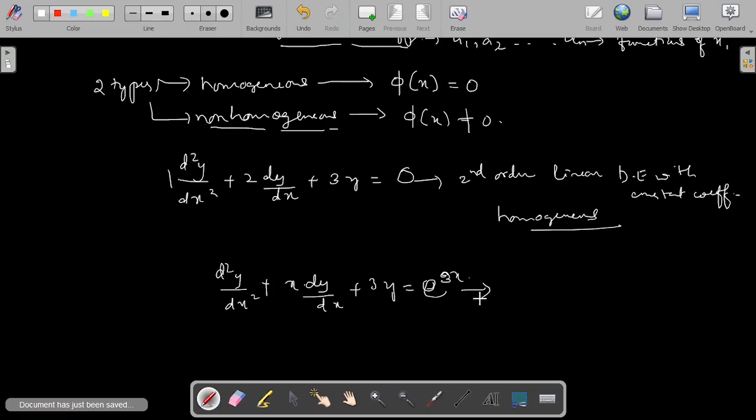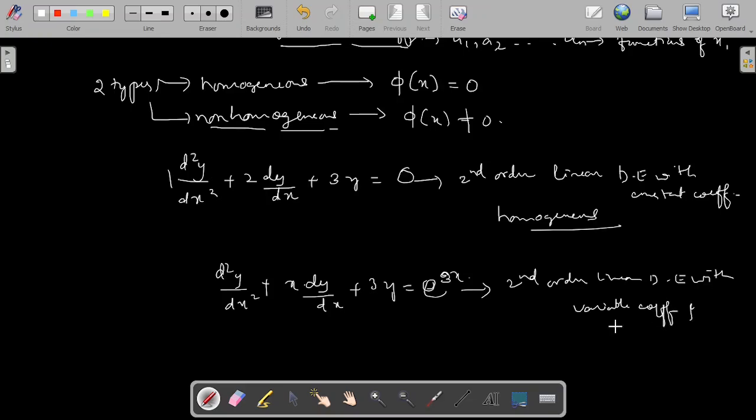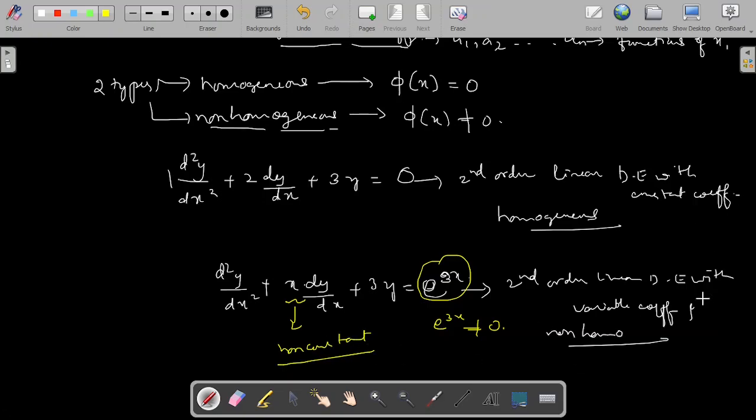So in this case, this is a second order linear differential equation with variable coefficients, and it is non-homogeneous also, because the right hand side phi of x is e to the power 3x, which is not equal to 0, and here the coefficient of dy by dx is non-constant, a variable, hence it is called a differential equation with variable coefficients and non-homogeneous.